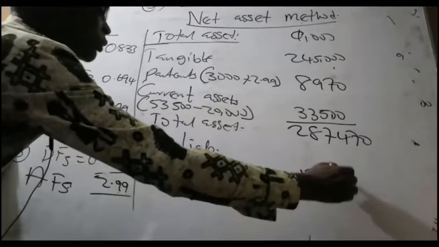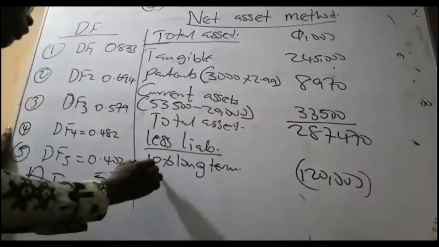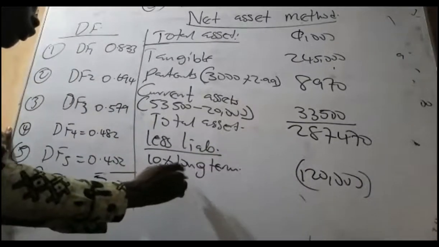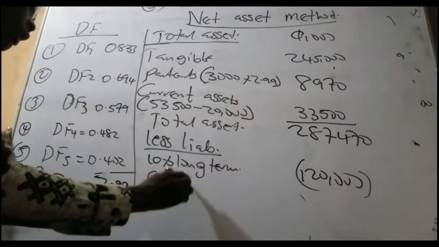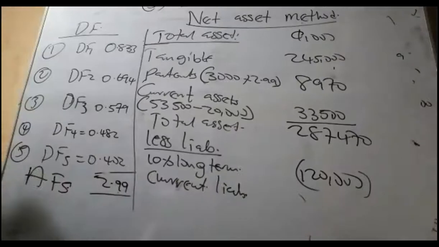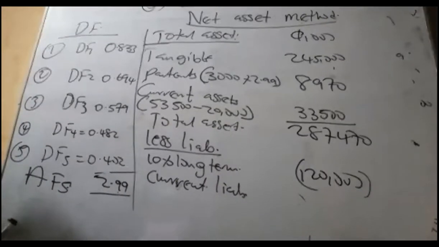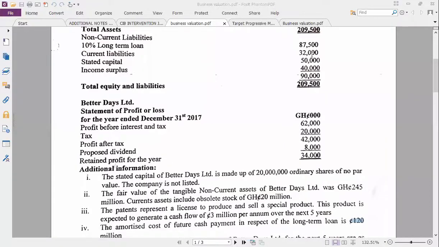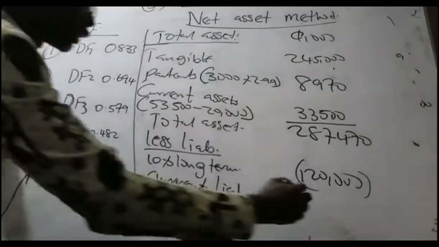We are subtracting current liability, not current assets. Current liability was something like 500. The figure just flashed. It's 32,000. Good. So I have to pick the 32,000 as the current liability.